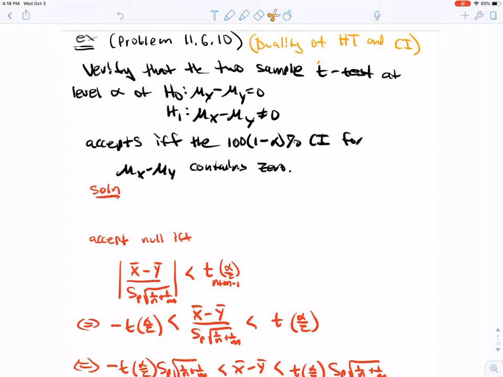So you might want to shut off this video and just verify that the two-sample t-test at the level alpha of the null hypothesis, that the population difference of the means is 0 versus the alternative that the difference is not 0, that we accept the null if and only if the confidence interval for the difference of the population means contains 0.